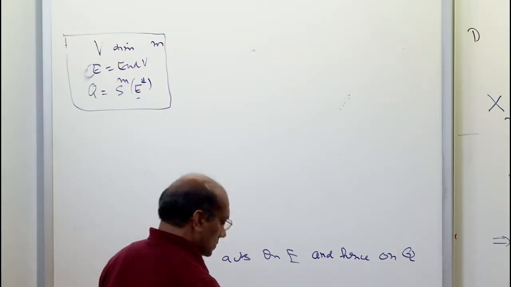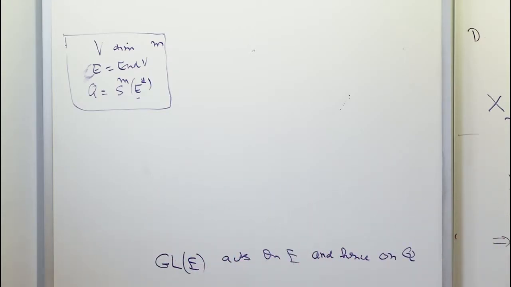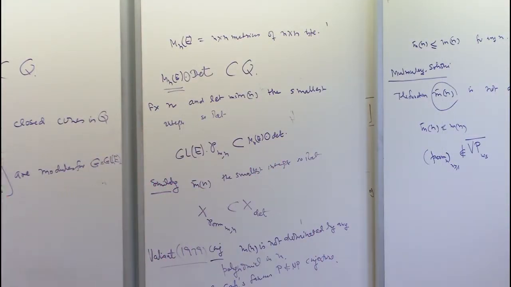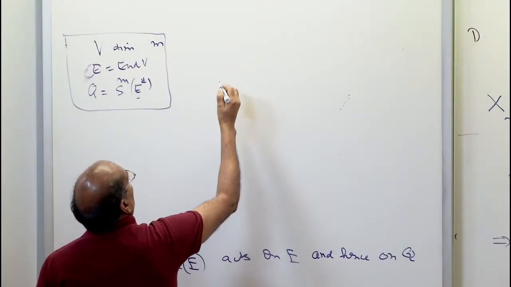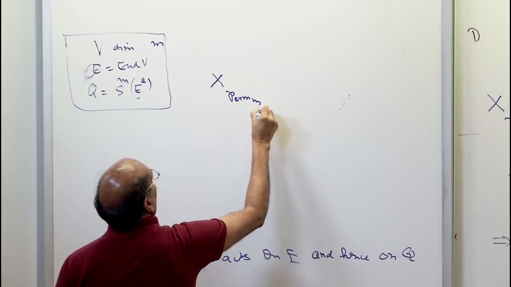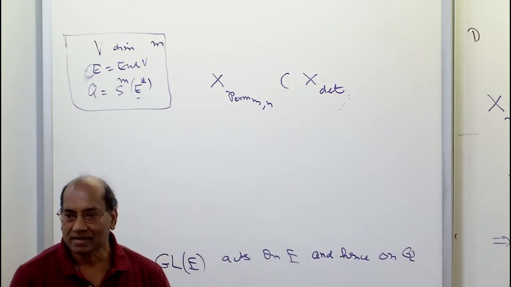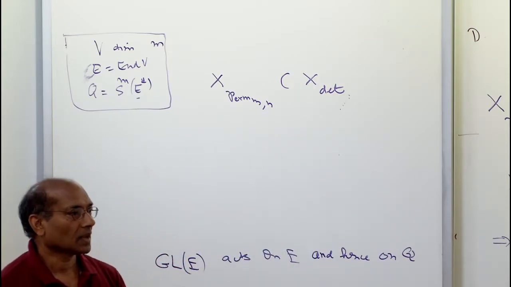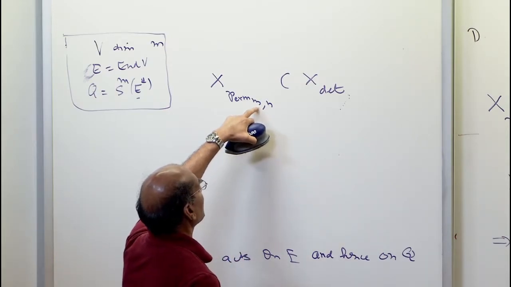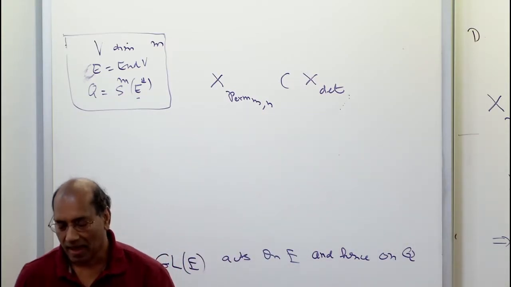Okay. So as I said, Mulmuley and Sohoni made this conjecture, but they laid out a program, and this program is as follows. The question is, when does X, this perm m_n, sit inside X det? Let's find the smallest m where it stops being there.